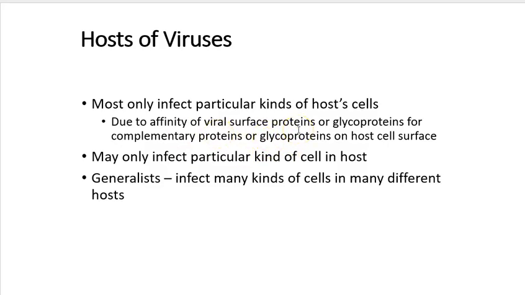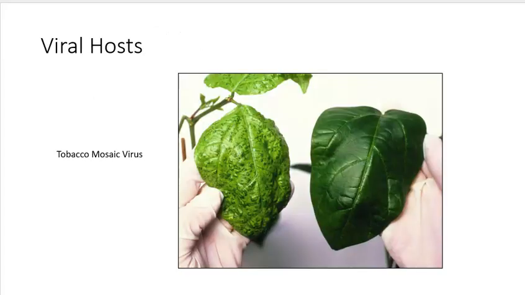So if you're trying to get inside a human cell, you've got to have surface proteins or glycoproteins that fit your host cell so that you can attach. Some of these guys may only infect a particular kind of cell in the host. It may be that particular. Or you may have generalists that can infect many different kinds of cells in different hosts. So it all depends on a particular virus.